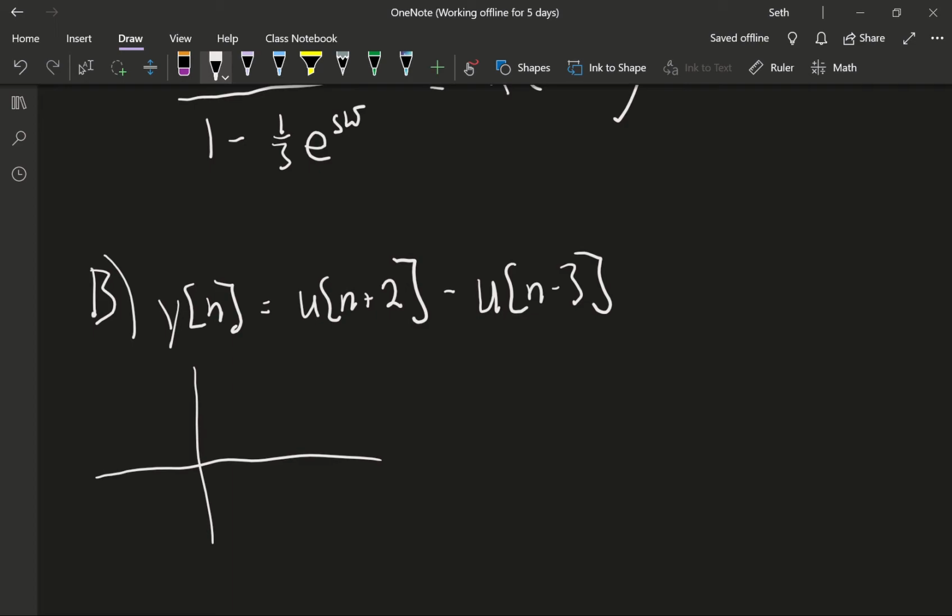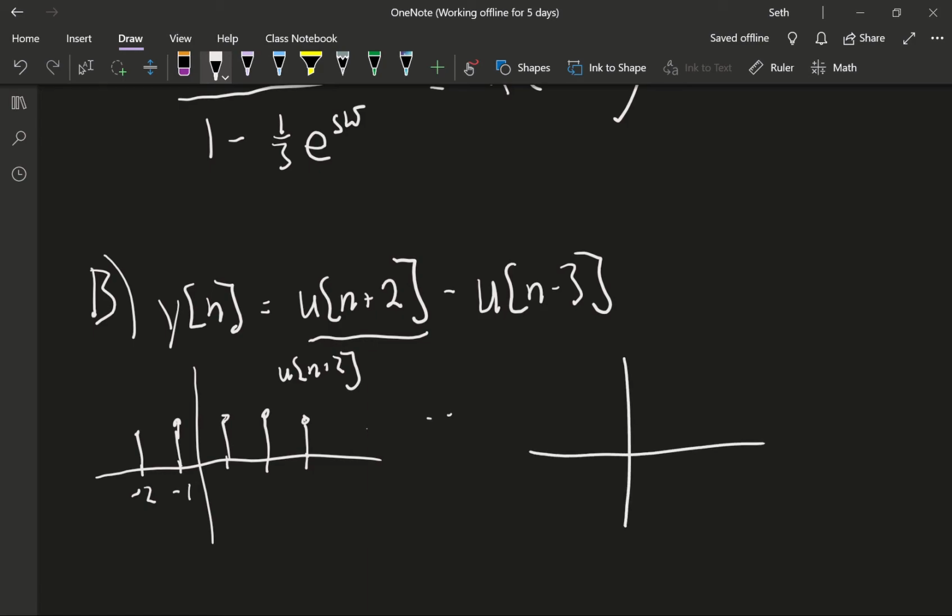I'll do it explicitly: this term is a unit step shifted, at minus 2, minus 1, 1, 2, etc. So that's u of n plus 2, and u of n minus 3, at 1, 2, 3.